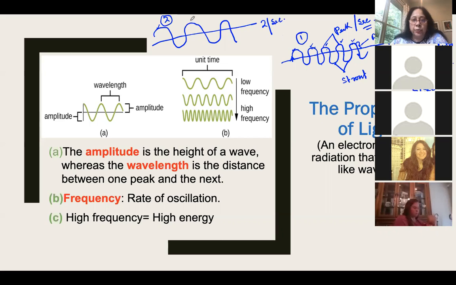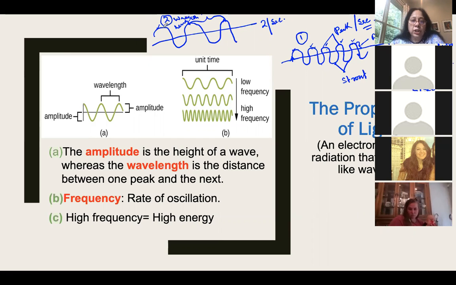Now the distance between the peaks. From here to here, this is a peak, this is a peak. The distance between two peaks is called wavelength. If we compare these two pictures, the frequency in picture number one is 5 per second.